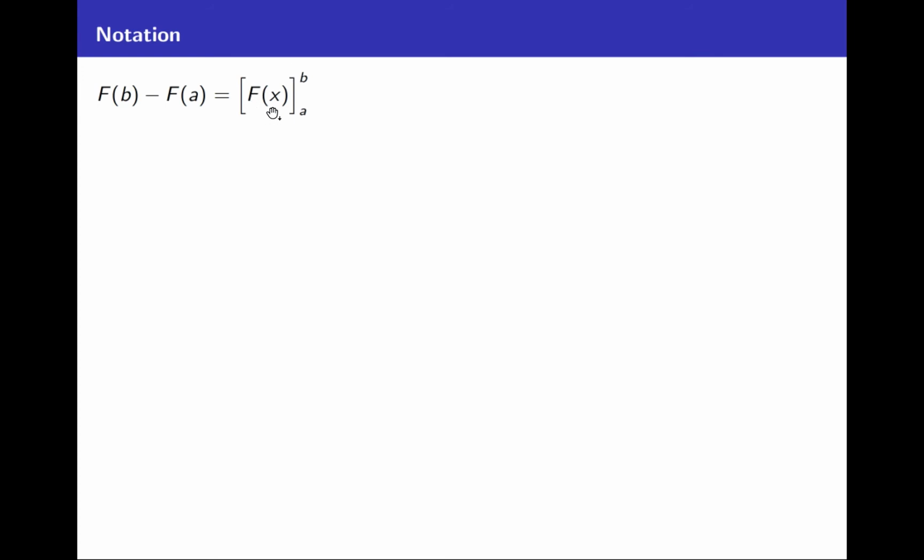We have a big F of x enclosed in square brackets, and on the right use subscript with a and superscript with b. We read this as big F of x from a to b, and by definition, it just stands for the difference big F of b minus big F of a. What you get when you plug in the b to x and subtract off what you get when you plug in the a. And we'll use this shortly.